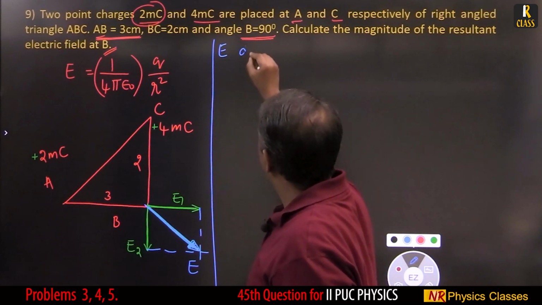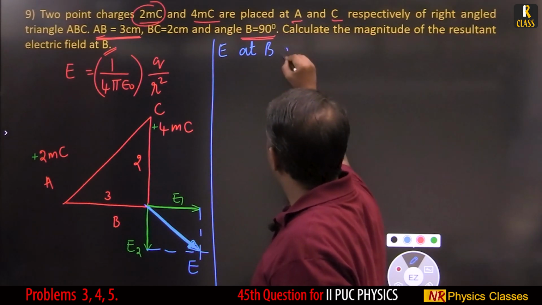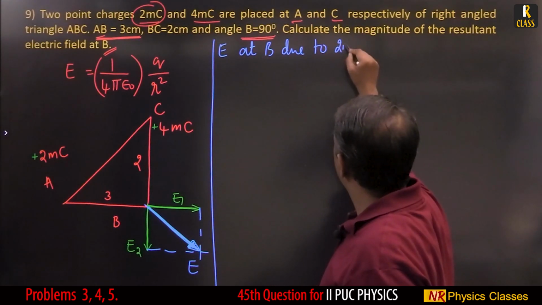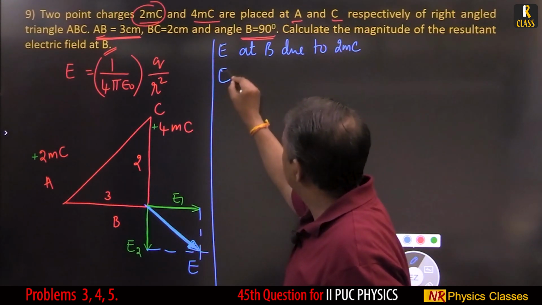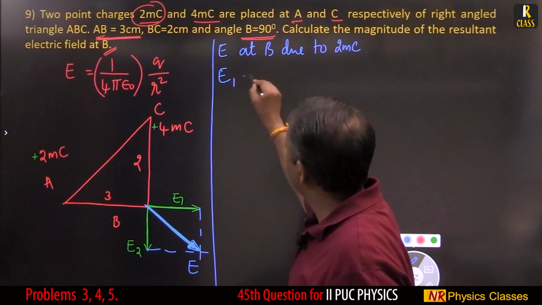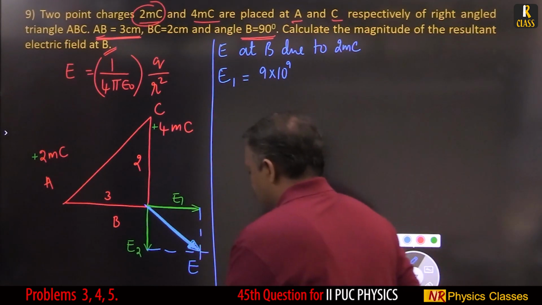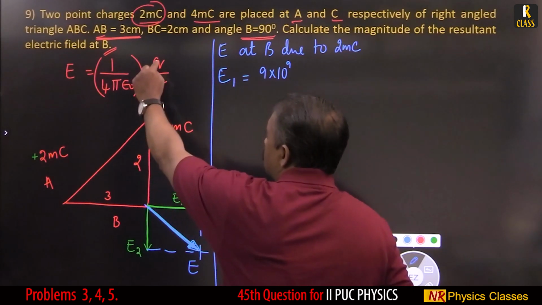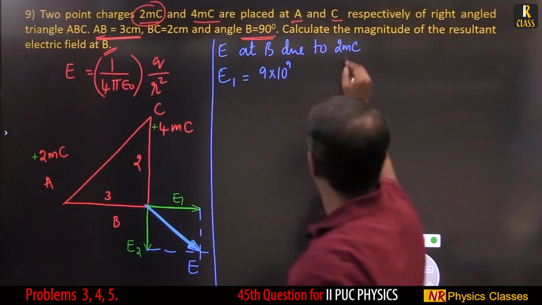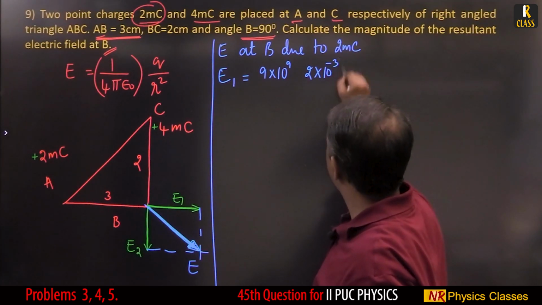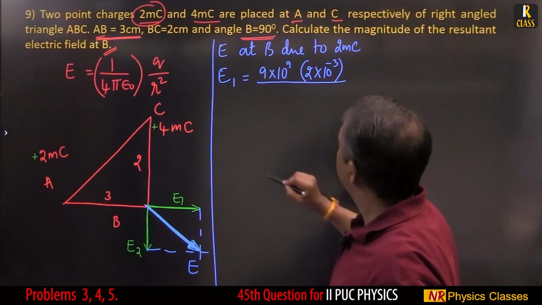Now, the electric field at B due to the first charge, 2 millicoulomb, denoted by E1, equal to the constant 9 into 10 to the power of 9. This constant. Charge is 2 millicoulomb, 2 into 10 to the power of minus 3, divided by distance.